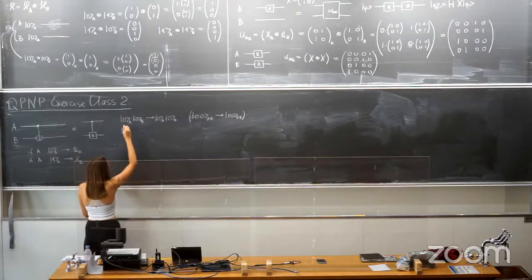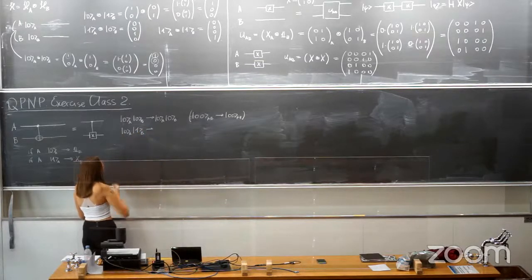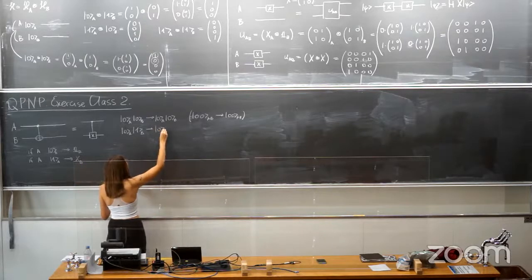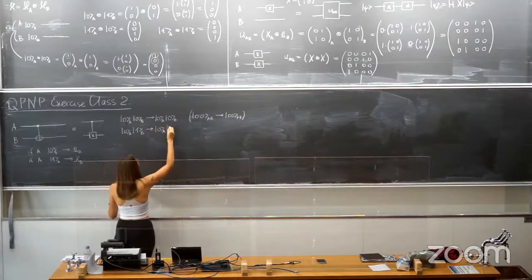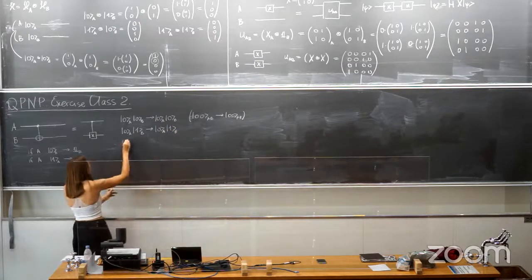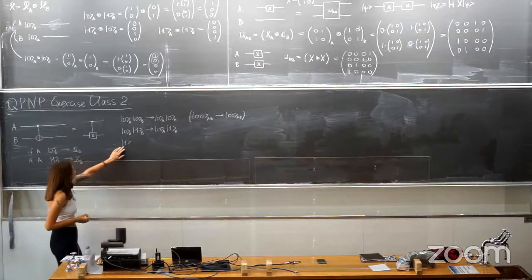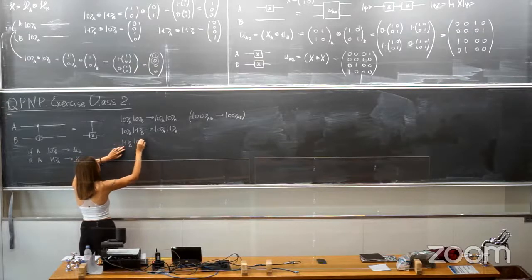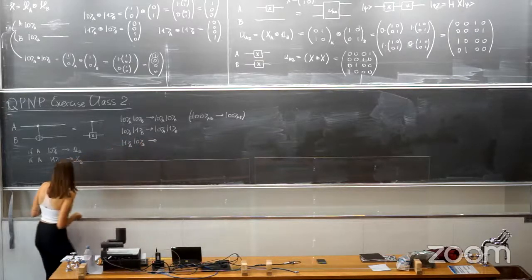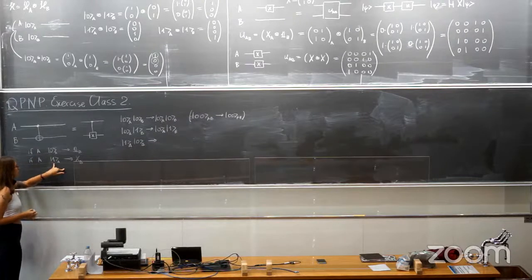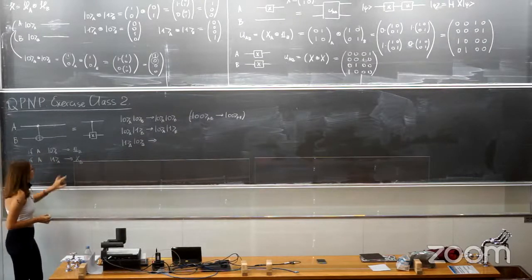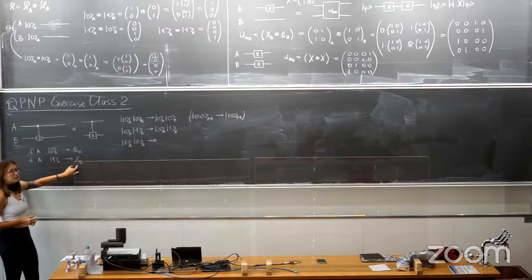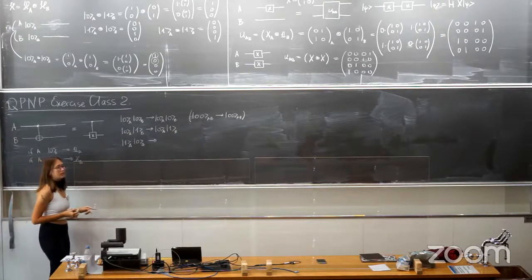Similarly, if the system A is in a state 0 and B system is in a state 1, then also nothing happens because system A is still in a state 0. Now, if A is in a state 1 and B is in a state 0, then we know that if A is in a state 1, we need to perform an X operation on B. So which state are we going to get in the end?